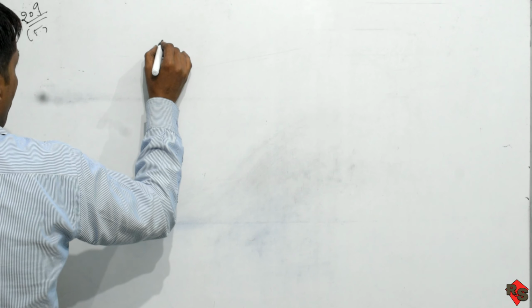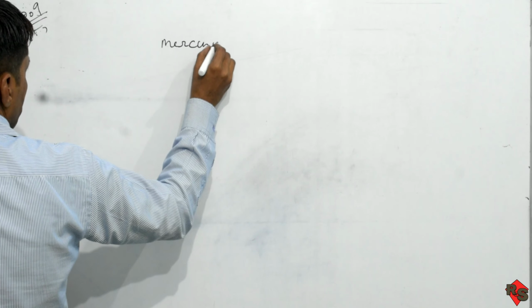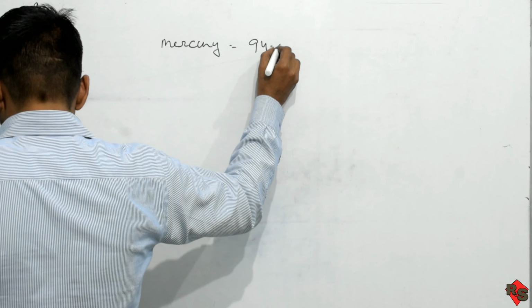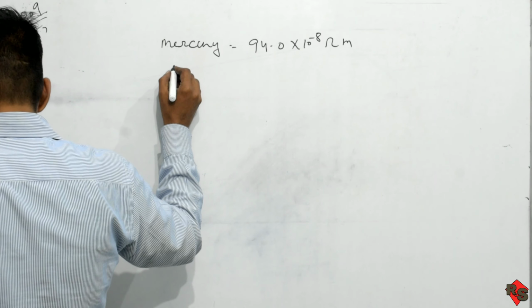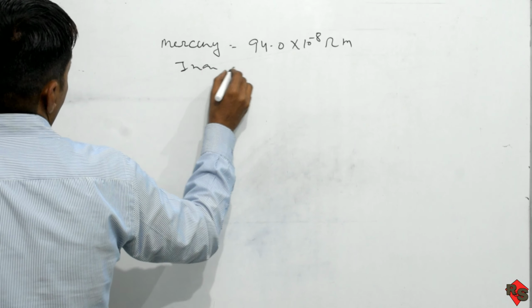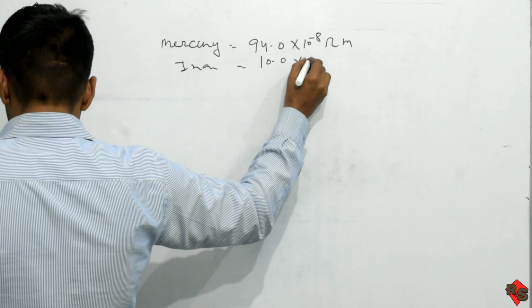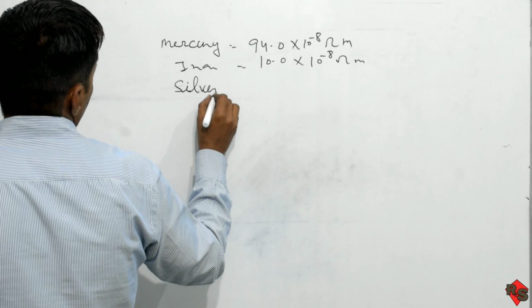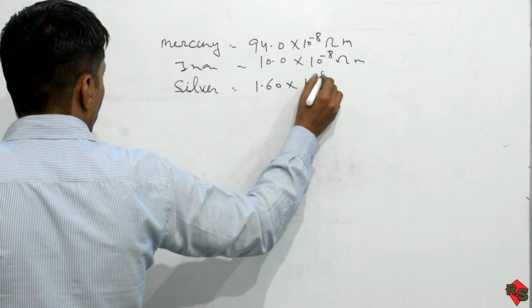So the resistivity of mercury here is 94.0 into 10 to the power minus 8 ohm meter, and the resistivity of iron is 10.0 into 10 to the power minus 8 ohm meter, and the resistivity of silver is 1.60 into 10 to the power minus 8 ohm meter.